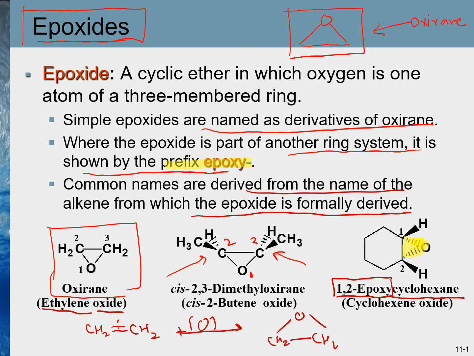Similarly, for the second example given here, this compound can be derived from 2-butene, so the epoxide name is cis-2-butene oxide. To be clear, this is not the synthesis scheme.